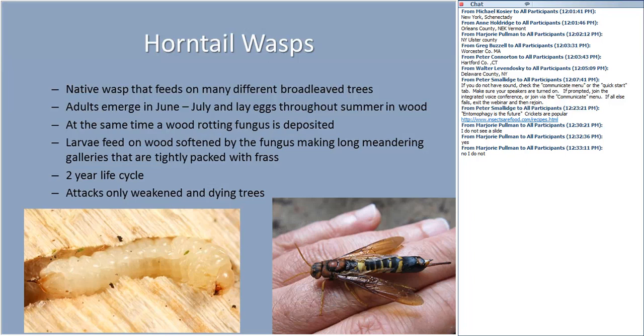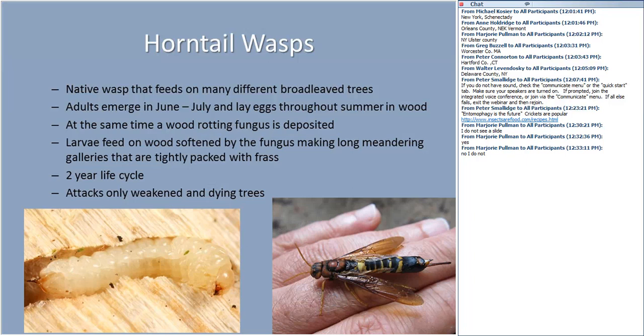And I think the birds learned that these were just basically sitting prey, and they would wait for them and then snap them up, and they would leave a bit of their abdomen and the ovipositor in the tree itself. So it's a really fun entomology thing. Horntail wasps are harmless, but they're interesting and something that, once again, you should pay attention to.